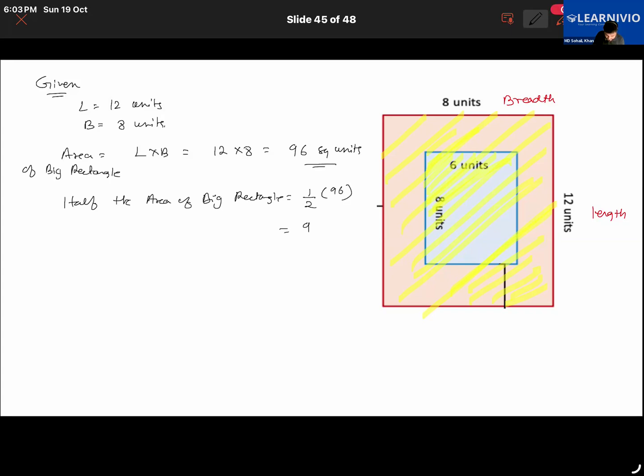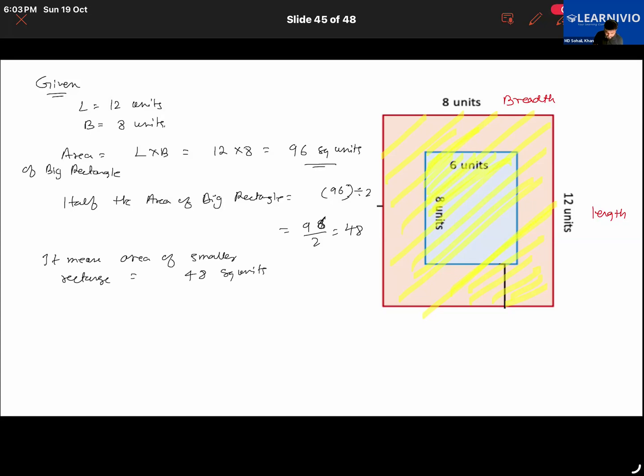So meaning that you are simply going to divide 96 by 2 here. So 96 upon 2 is equal to 48 here, right? So it means that the area of this smaller rectangle should be 48 square units.